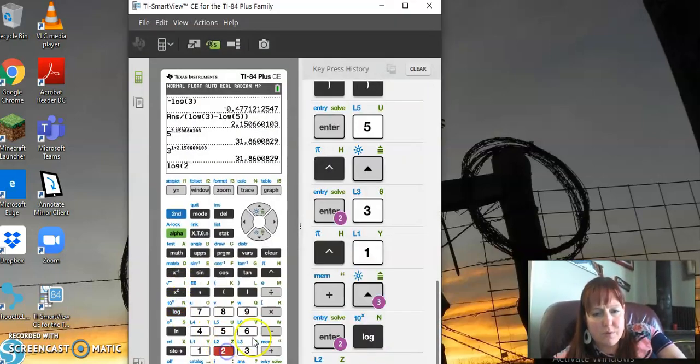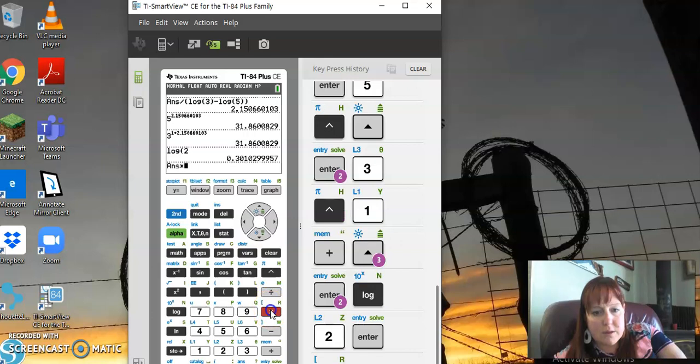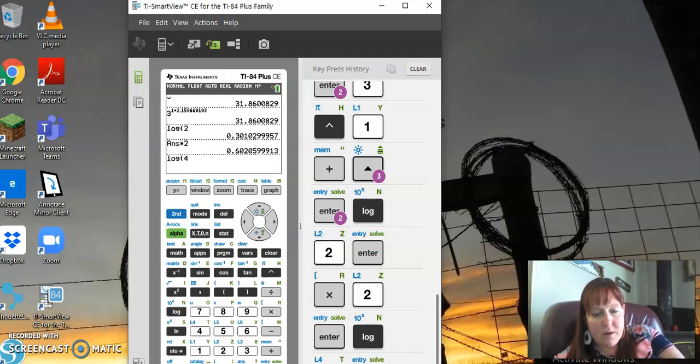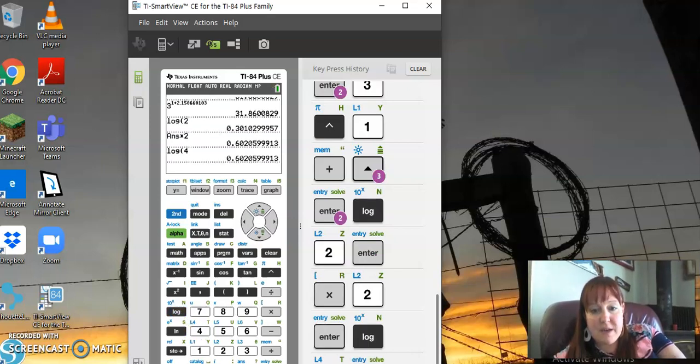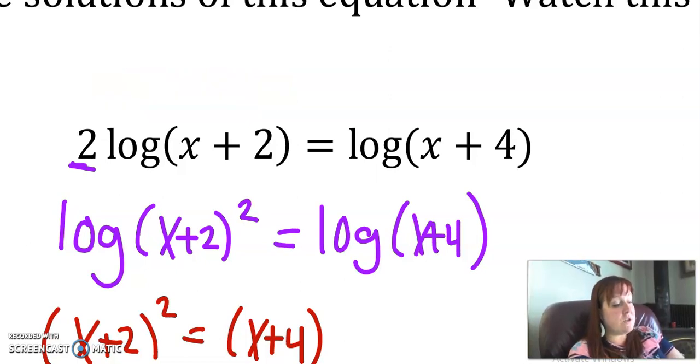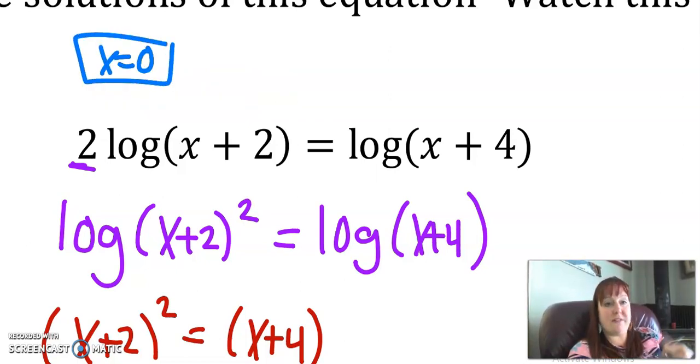Log of 2 times 2. That equals that big mess. And then what's log of 4? Oh, yep, they're the same answer. So it checks out, okay? So 0 checks out. So again, our answer is not this 2 log 2 equals log 4. Our answer is x equals 0 makes this true. Okay, that's what makes it true. So our answer is x equals 0.